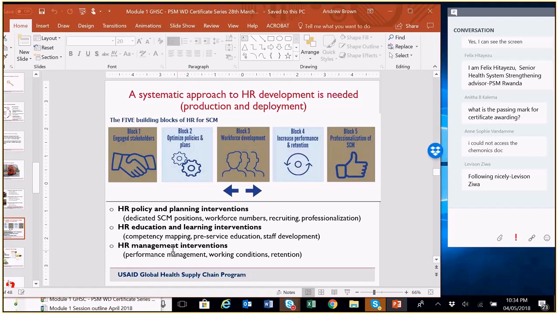Can you see it? No. I've tried very carefully not to use the word training, because systematic capacity development and the creation of human resources systems is not training and takes many other elements. So I resist using that word training.